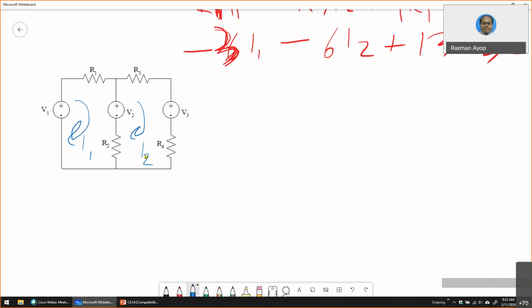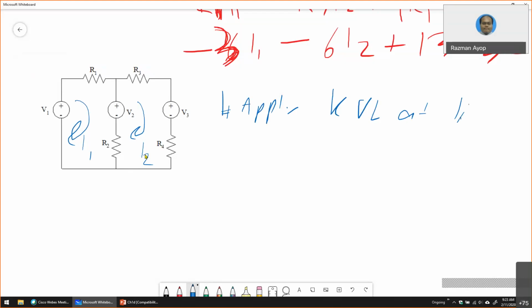So how to solve this? Same: assign the loop currents first, then apply KVL at I1.